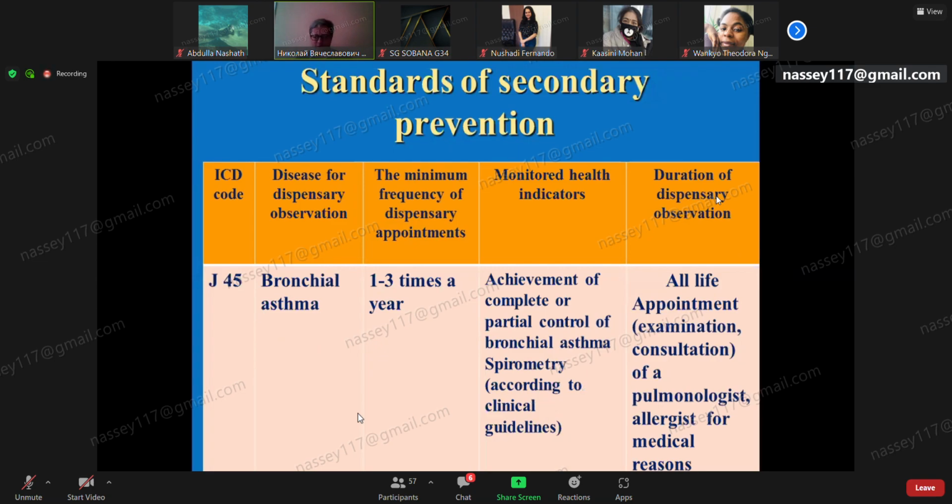For patients with bronchial asthma, there are some differences from COPD. We should estimate achievement of complete or partial control of bronchial asthma symptoms.